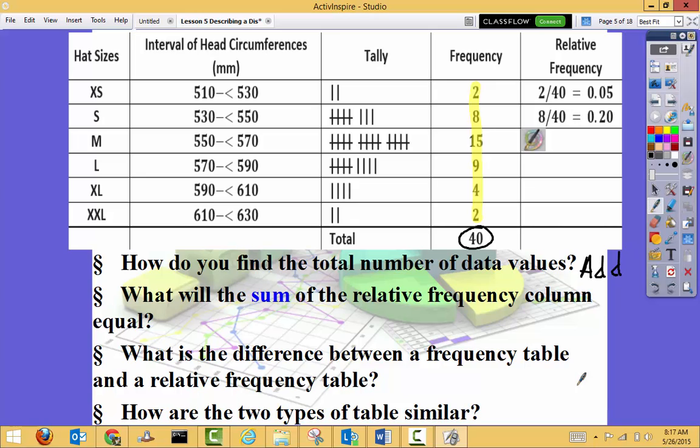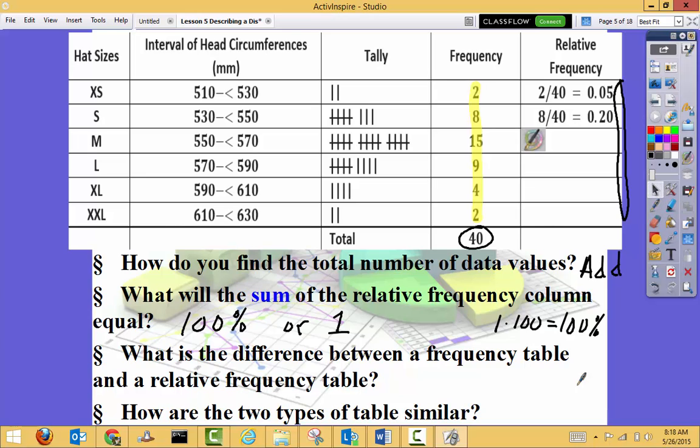Now, what will the sum of my relative frequency column be? Sum means what do I get when I add. What will this be when I add all of them together? Well, that's going to be 100%, or just a 1. Why? Well, this 1 becomes 100% when I multiply it by 100 and add the percent sign.